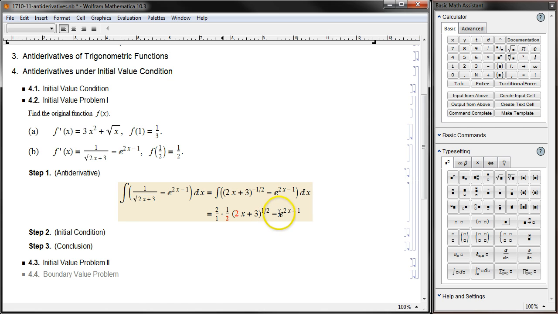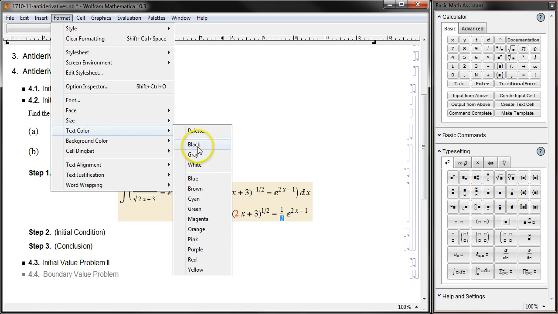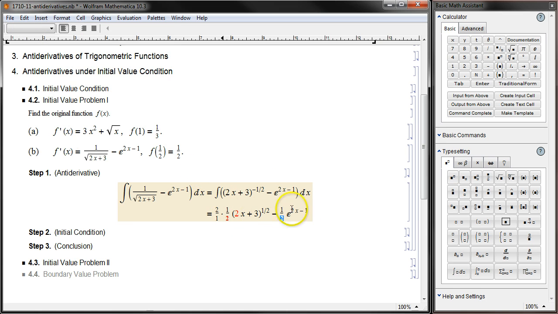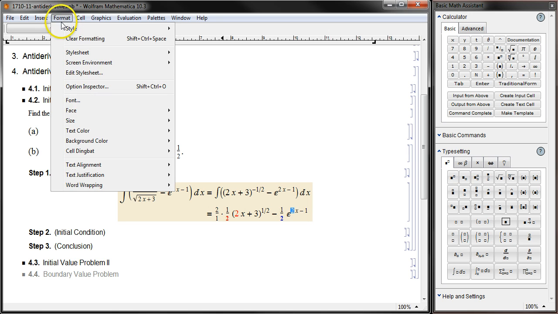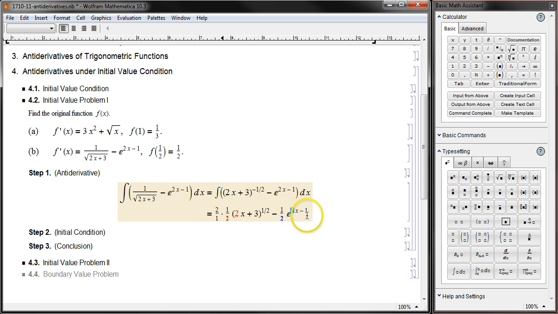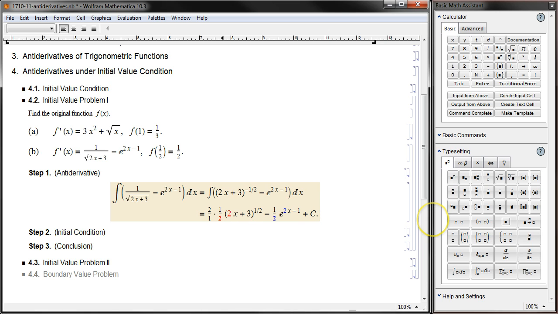The same, but we need this 1 over a. This 2 came from this 2. And then plus c. There goes my antiderivative computation.